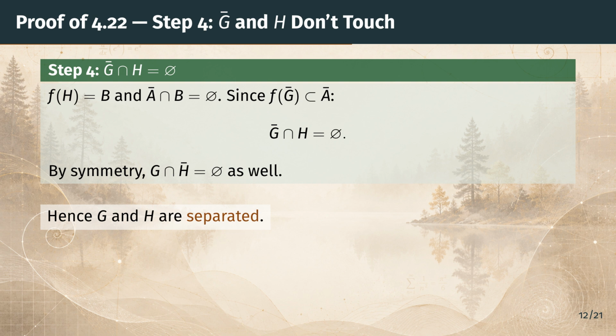Therefore, the closure of G and H share no points. Running the exact same argument with the roles swapped shows G and the closure of H are also disjoint. By definition, that means G and H are separated.